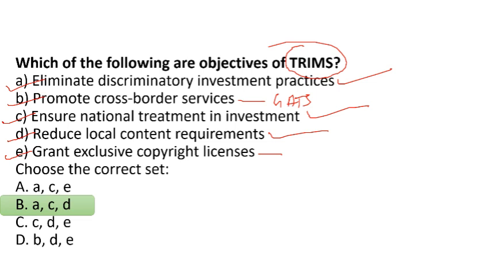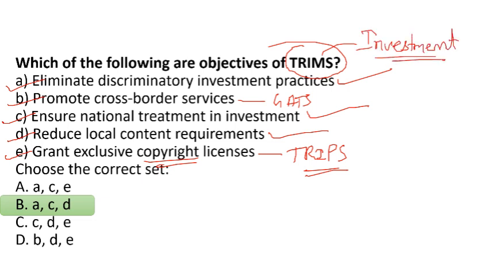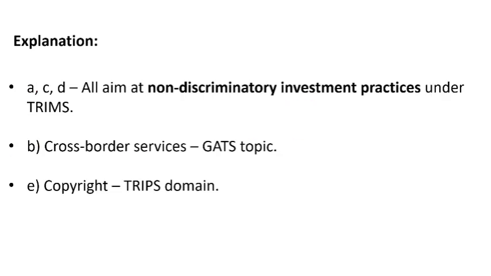And when it is talking about copyright licenses, then obviously it is related to TRIPS, not TRIMS. TRIMS is related to investment. Understanding? ACD all aim at non-discriminatory investment practices under TRIMS, that we have discussed in the theory session, the previous session. Cross-border services is a GATS topic, and copyright is the TRIPS domain.